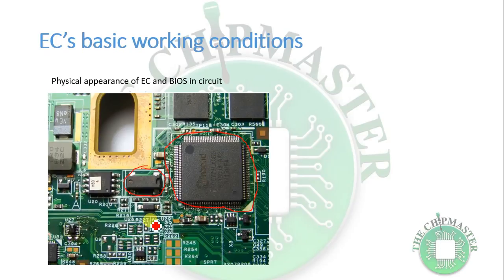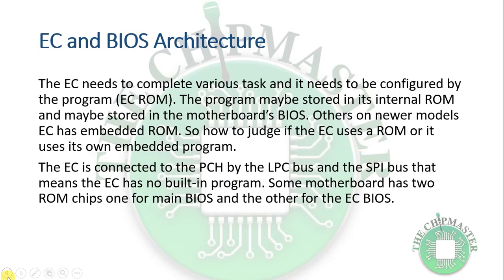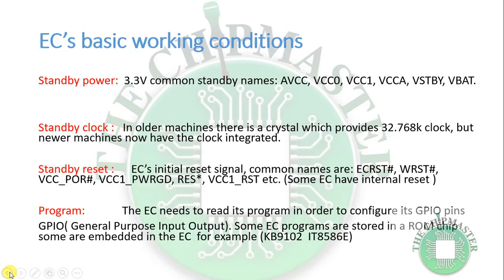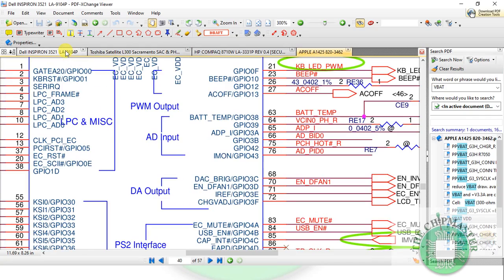So newer machines don't have a crystal. Right, the crystal is now removed, and it is using a different architecture, where there is no clock crystal. It's integrated inside of the EC, such as the KB9012. Let's go back to the schematic, and let's go for this one.